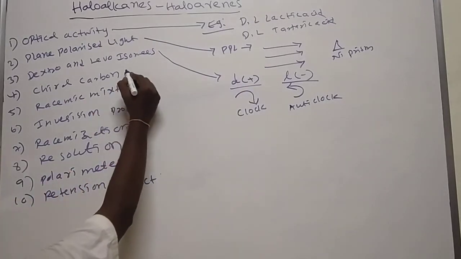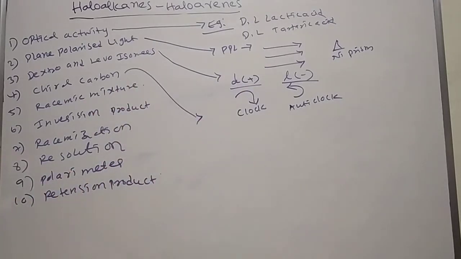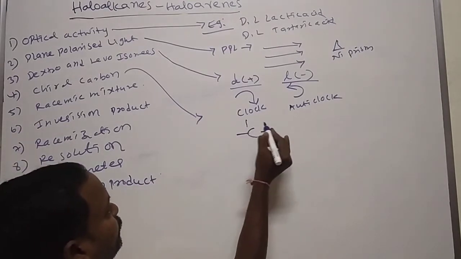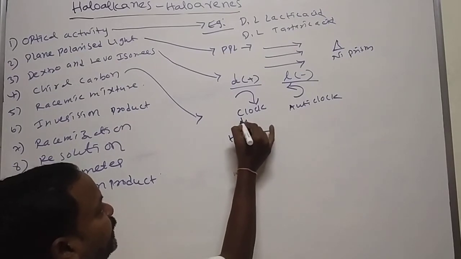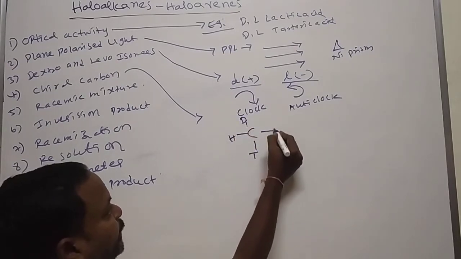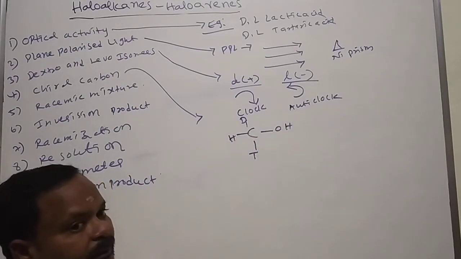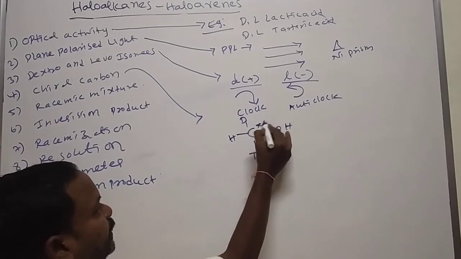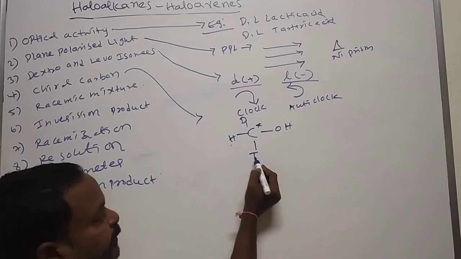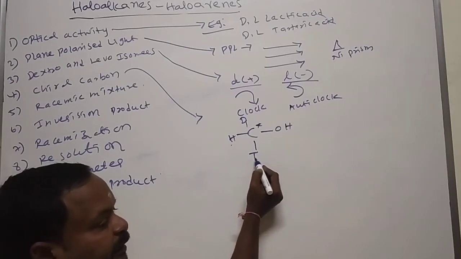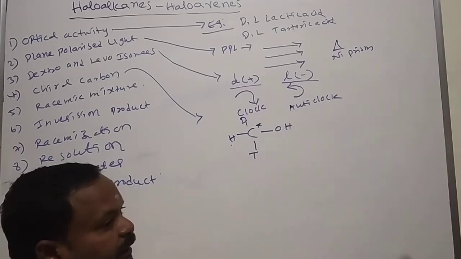And what is a chiral carbon? The carbon which is attached to four different groups. Four different groups means, for example, on one side hydrogen, here deuterium, here tritium, here OH. D means deuterium, H means hydrogen, T means tritium, OH means hydroxyl group.